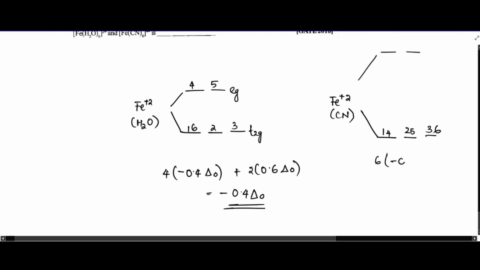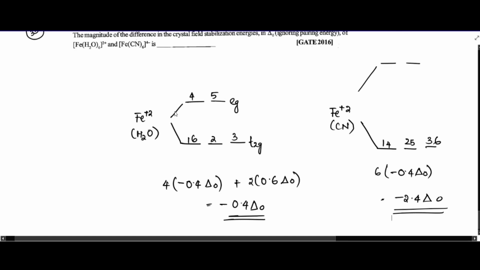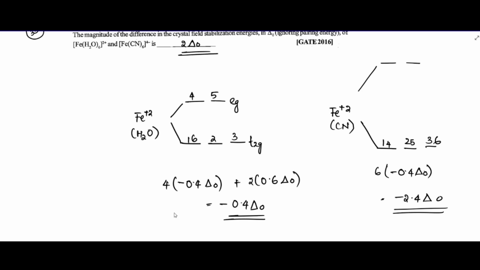Upon six electrons, minus 0.4 delta O, you will get minus 2.4 delta O. Difference is 2 delta O. Correct? Pitya, is it fine? All right.